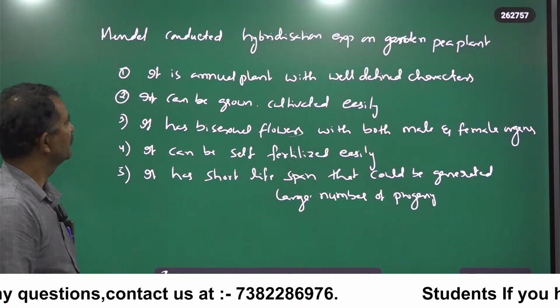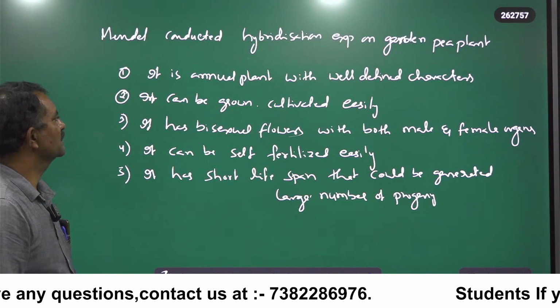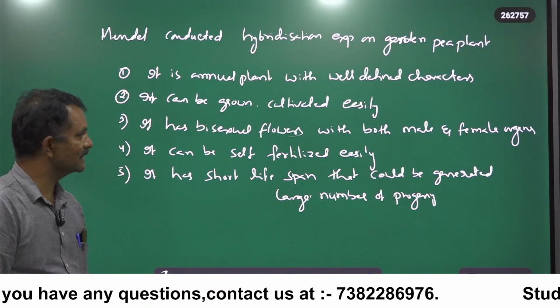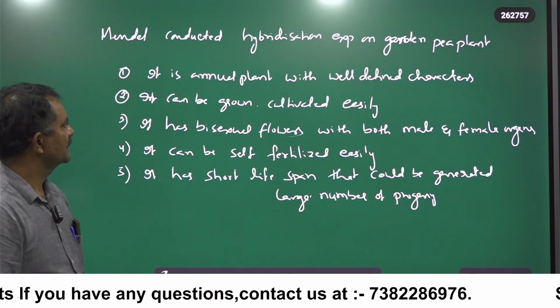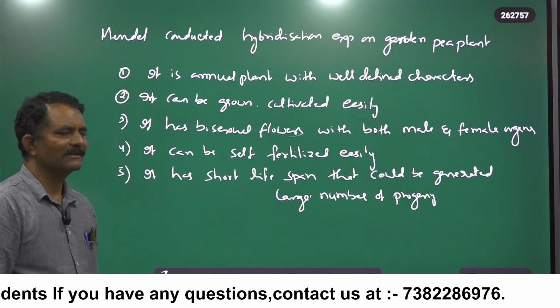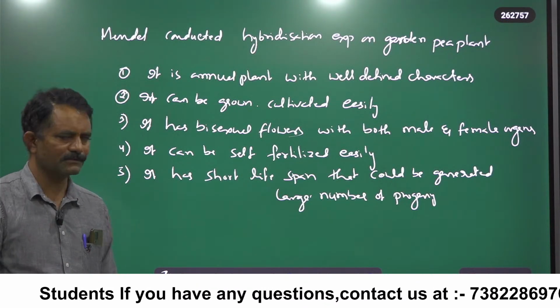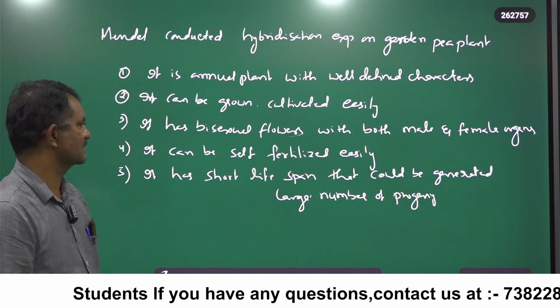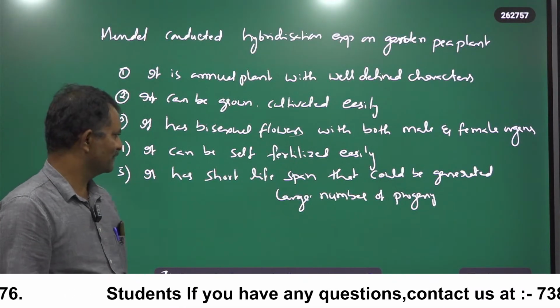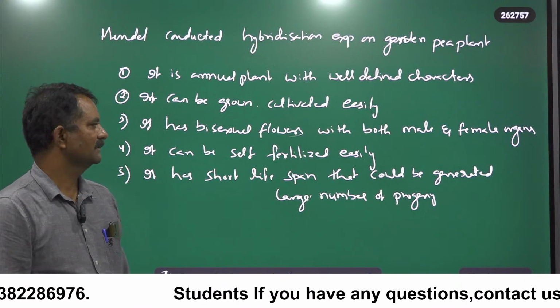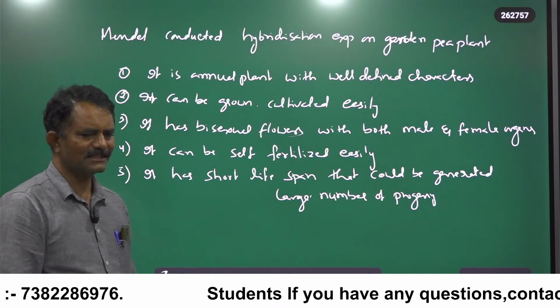Based on that, Mendel selected the garden pea plant. First, it is an annual plant with well-defined characters. As well, it can be grown and cultivated easily. It has bisexual flowers with both male and female sex organs. It can be self-fertilized easily. It has a short lifespan, so it could produce a large number of progeny.